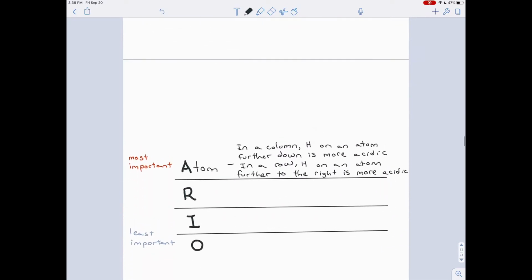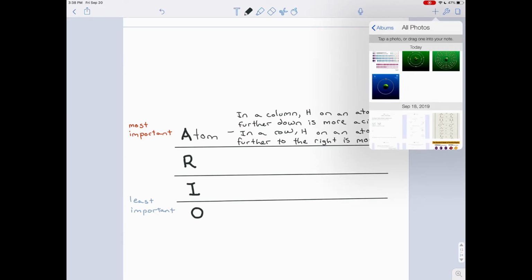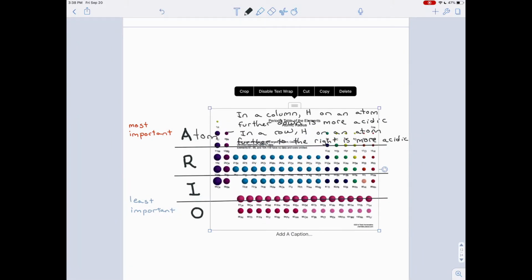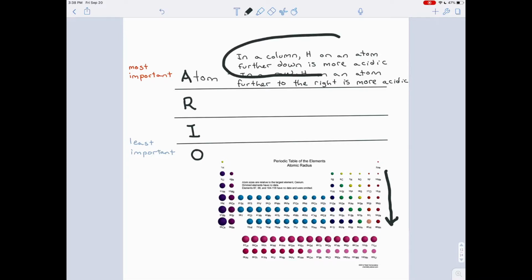So, as you go down in the periodic table, the atoms get bigger, and as they get bigger, they get better able to stabilize the negative charge that they have when hydrogen leaves. And so as you go down in a column, the hydrogens are more likely to leave because what the atoms they leave behind will be larger and better able to stabilize the negative charge. So the hydrogen will leave more often. So that's the first trend.